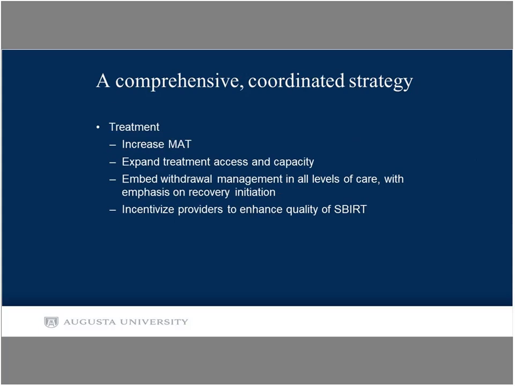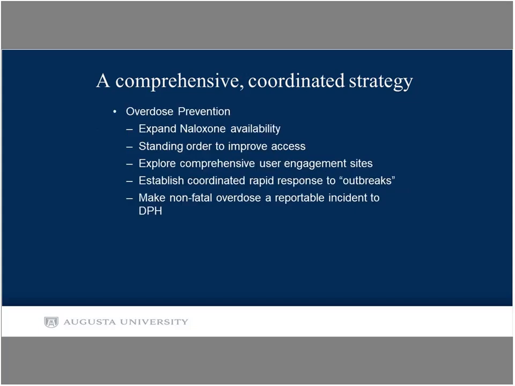In terms of treatment, we need an increased use of medication-assisted treatment, expanding treatment access and capacity, incentivizing providers to enhance the quality of screening and brief intervention to identify people who are at risk before they progress to dependence or before they overdose. And then overdose prevention, expanding naloxone availability. A standing order, as I mentioned earlier, Georgia has a standing order for getting naloxone into the hands of those who need it.